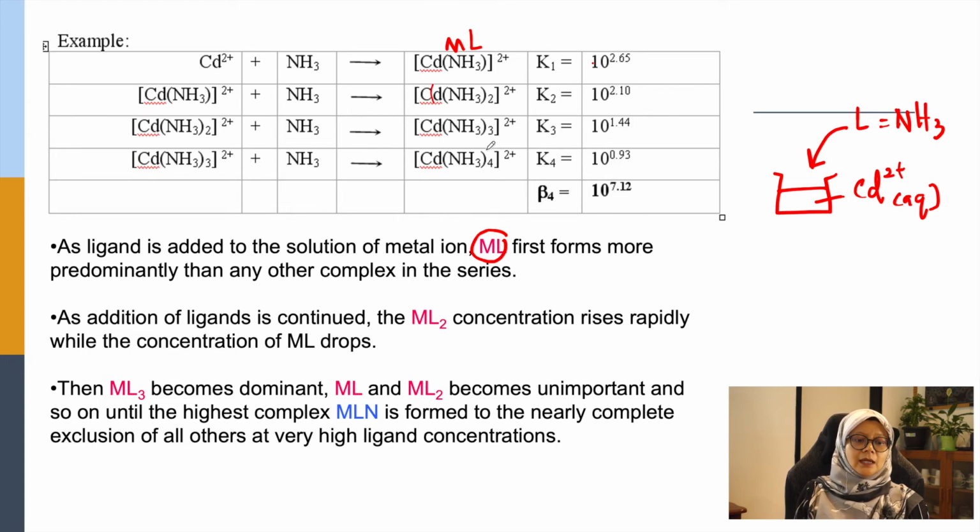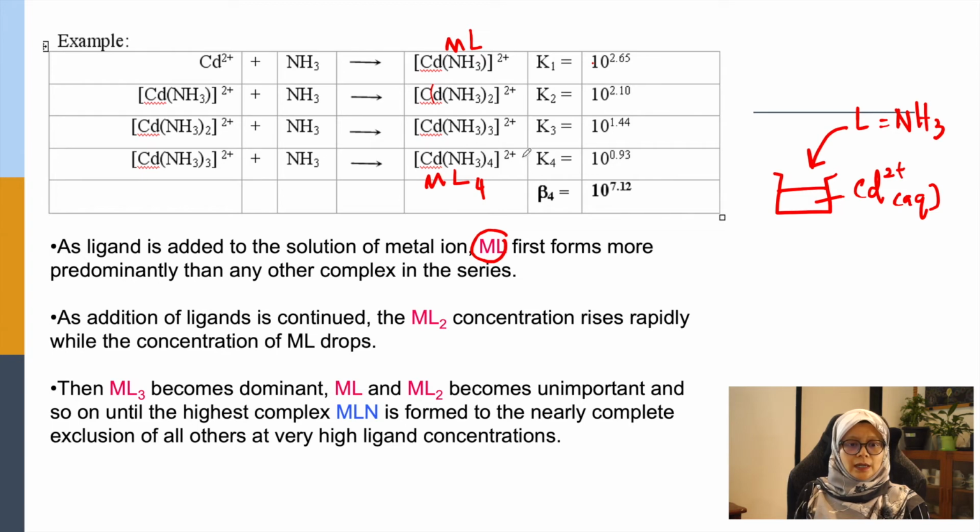Then we add the ligand again, so ML3 becomes dominant, and ML and ML2 become unimportant, until the highest complex, in this case ML4, metal with four ligands, is formed to the nearly complete exclusion of all others at very high ligand concentration.